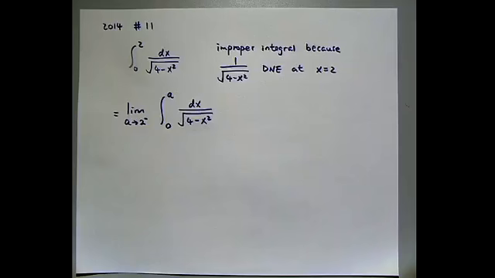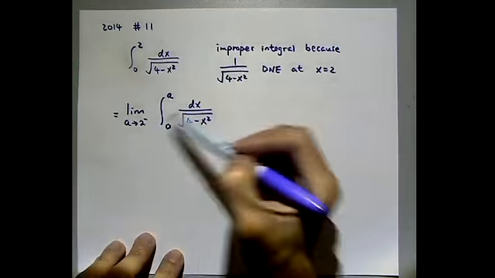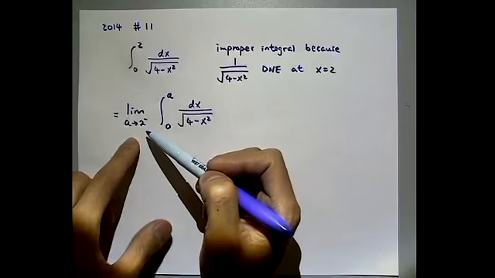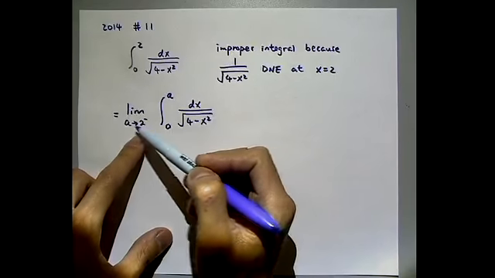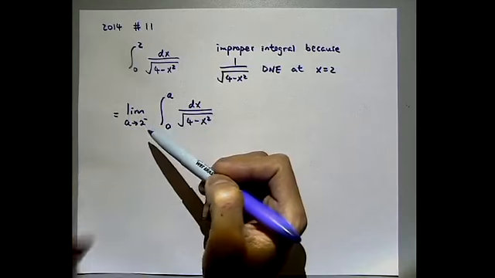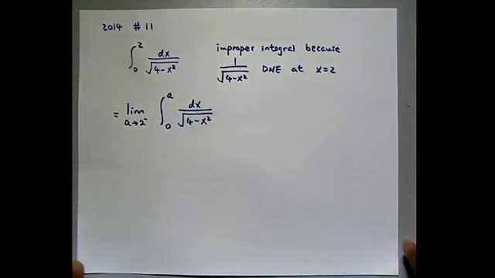Therefore, the first thing we do is to get that 2 away from the integration. Putting a new symbol called a, we'll integrate that as is, and then eventually take a limit allowing a to go to 2 from the left side of 2.